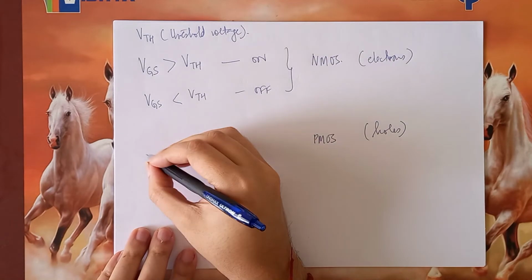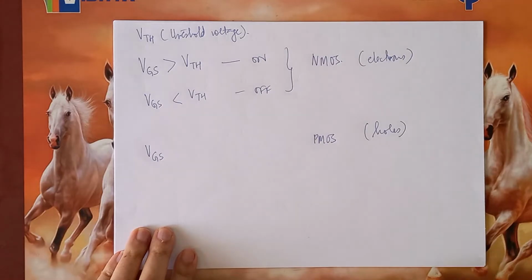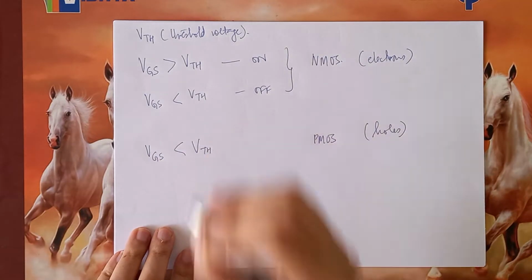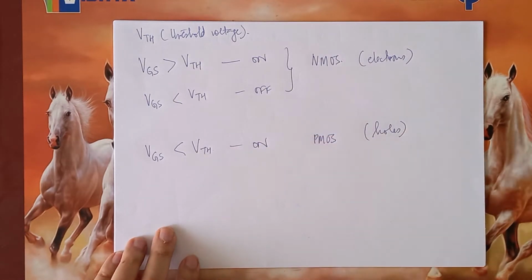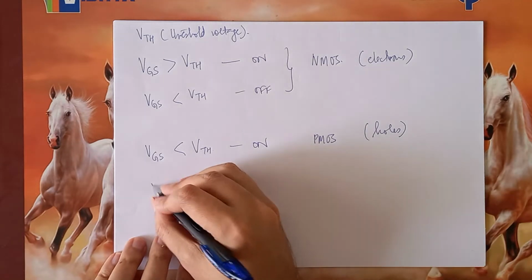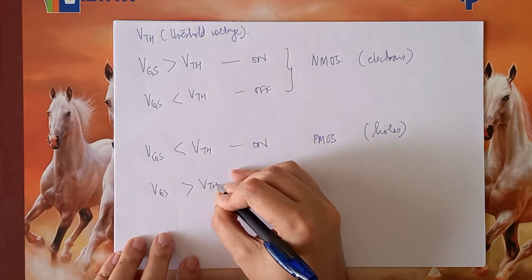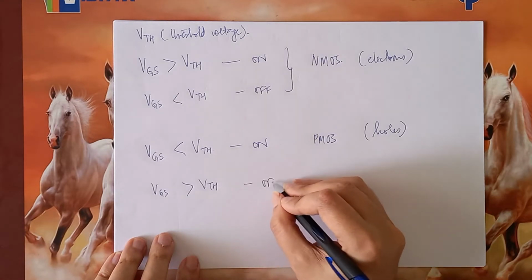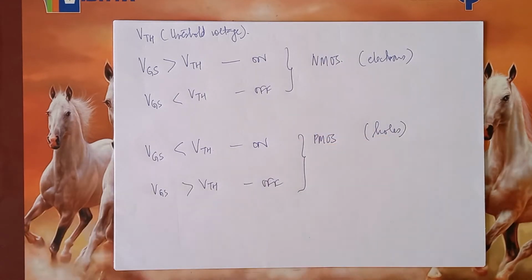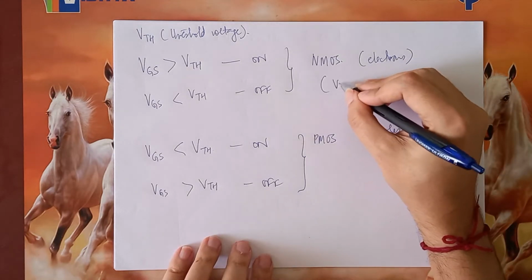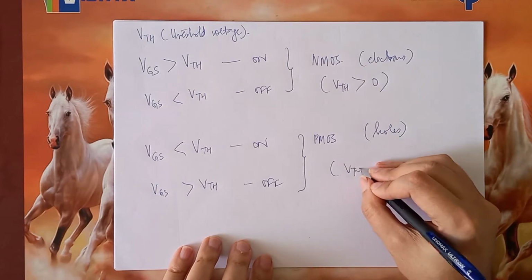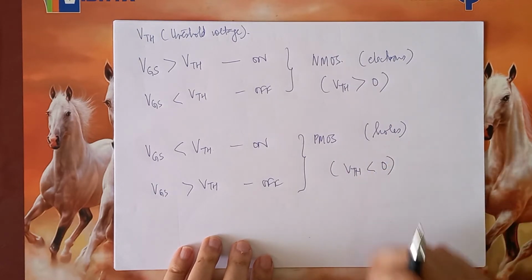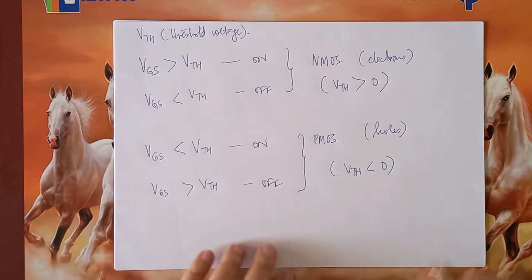For the PMOS, VGS should normally be less than VTH for it to be on, and when VGS is more than VTH, it is off. Just the opposite. So normally for NMOS, the threshold voltage is positive, and for PMOS, the threshold voltage is negative. This is normally the difference between the NMOS and PMOS.